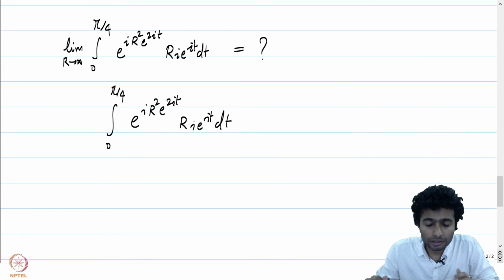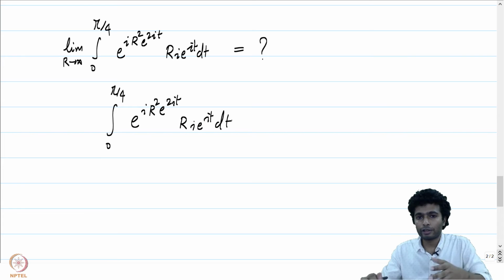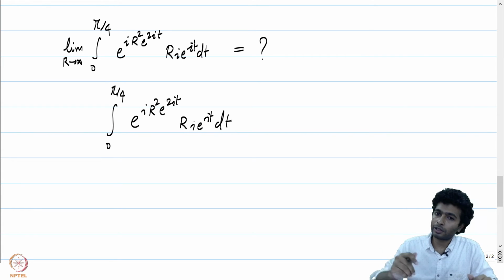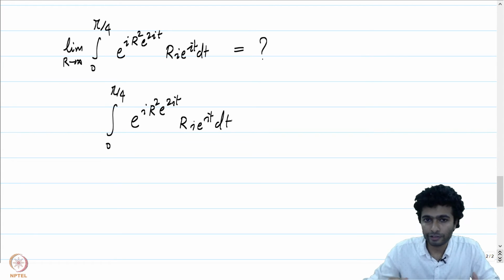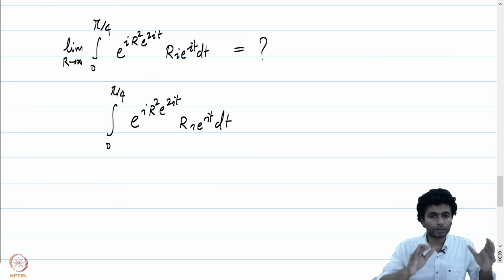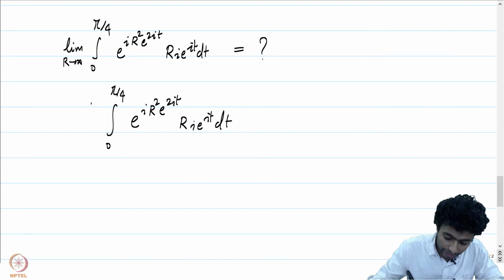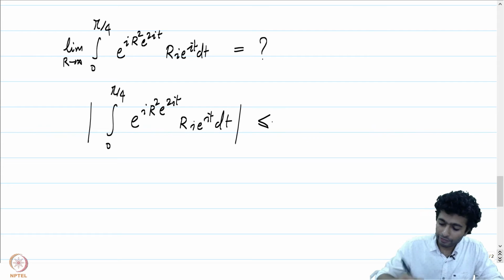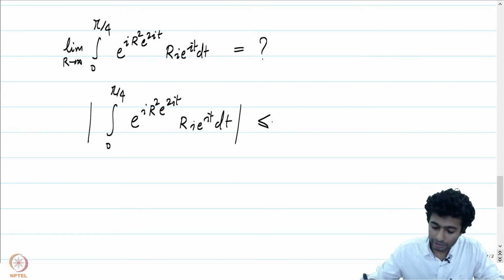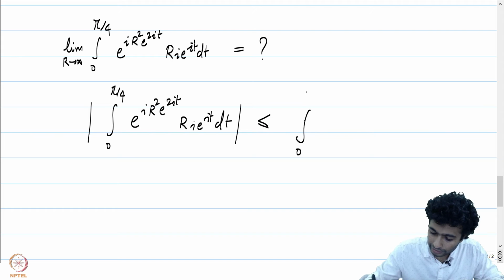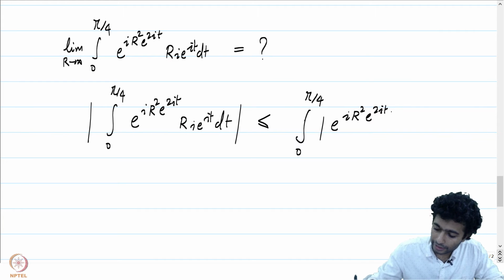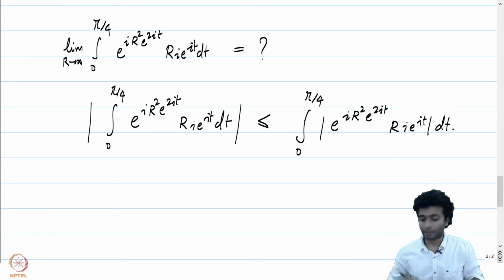And from real analysis, we know that the absolute value of the integral of f of t dt is less than or equal to the integral of the absolute value of f of t dt. This is all from a first course in real analysis that we will be using. Using that, one can conclude that even for this Riemann integral, even though there are complex numbers involved, this is less than or equal to the integral of the absolute value of e to the power i r square e to the power 2 i t into r i e to the power i t dt. That's an exercise for you. This is something which we can conclude.